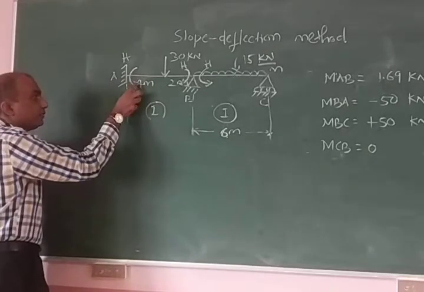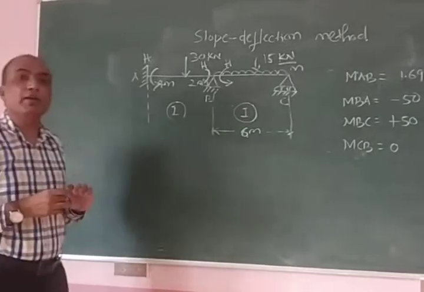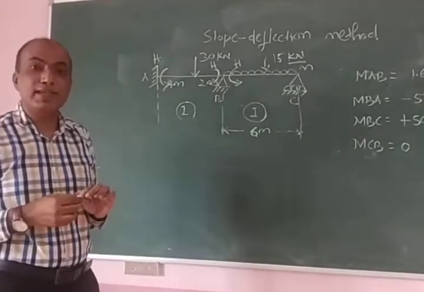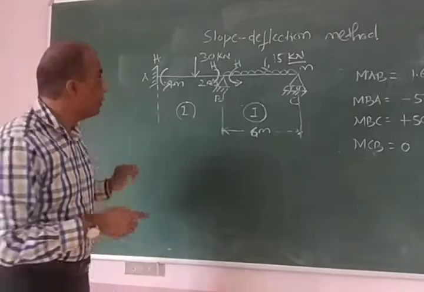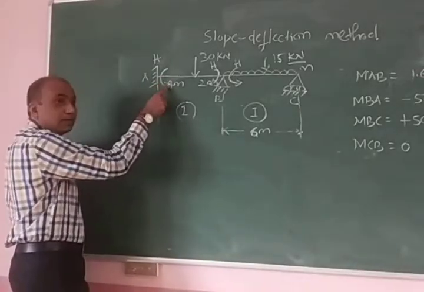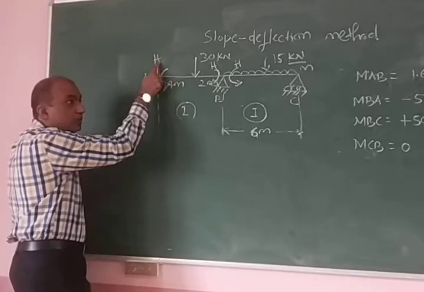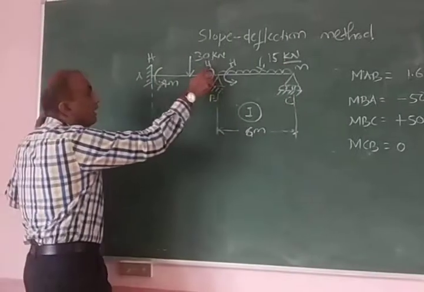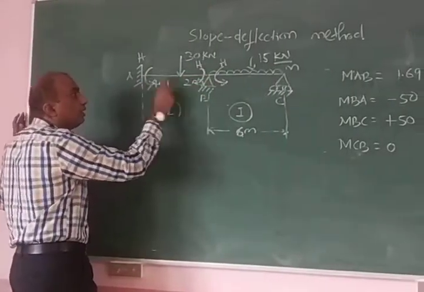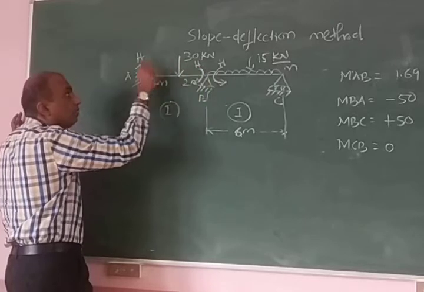Now let us decide whether they are hogging or sagging moments. What is the meaning of a hogging moment? A moment which is anti-clockwise on the left side of any member is called hogging. So this moment on the left side of AB is anti-clockwise, that is why it is hogging. So MAB is hogging. Now MBA on the right side of AB is clockwise. Again it is hogging.